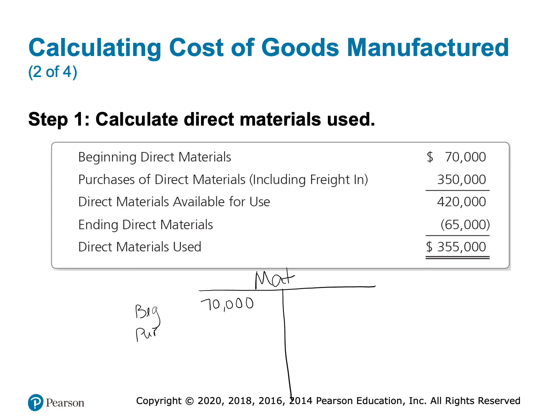When we buy materials, we'll debit raw materials, we'll credit cash or accounts payable depending on how we paid for it. So I'm going to debit raw materials for the materials that we purchased. That gives us a total called materials available for use. So I'm just going to go ahead and subtotal that right here. So in total, we had $420,000 of materials available for use.